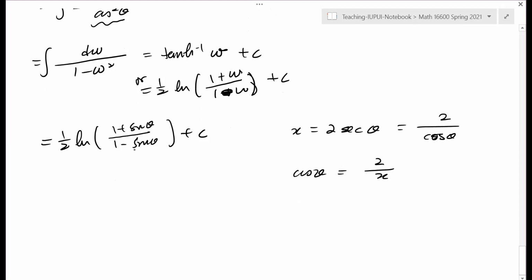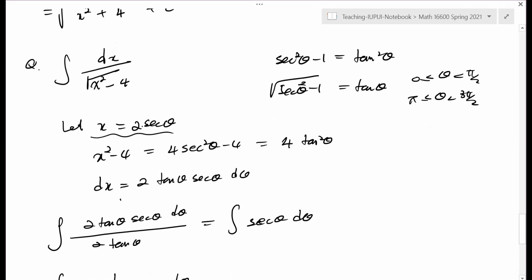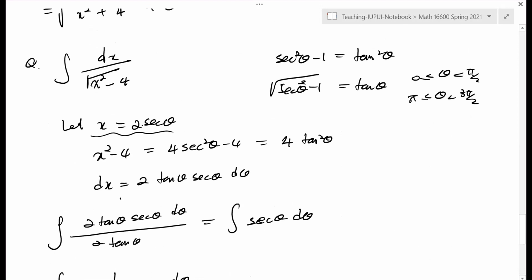So how can you change sine to cosine? There are many forms you can use here. Then sine theta, and remember, our theta here is between pi and 3 pi over 2.